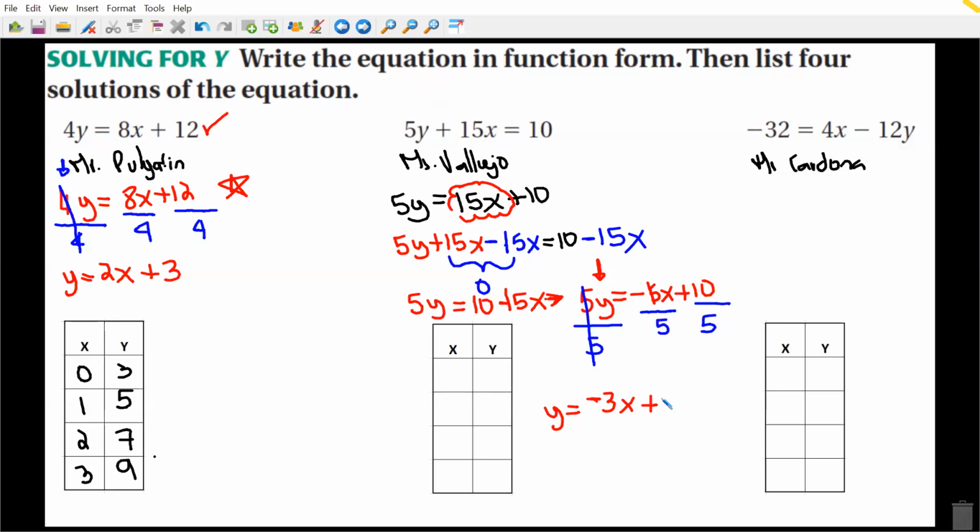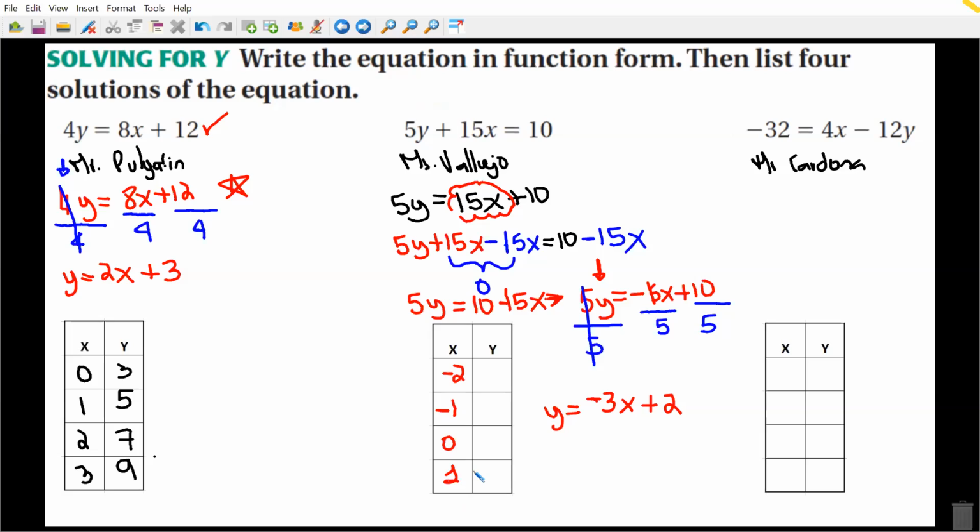Yes, you're right. Now, what values would you like to replace in this table on your left? What values would you like to give the x? -2, -1, 0, and 1. Excellent.